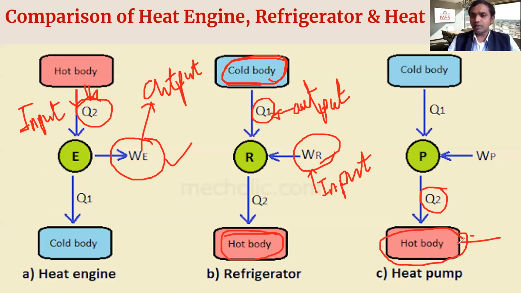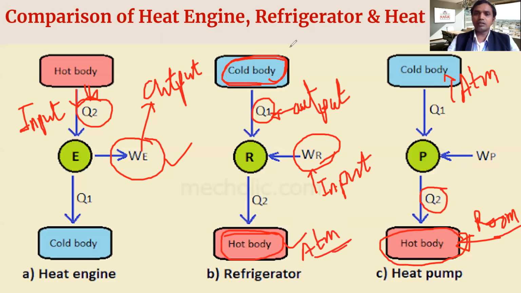In case of heat pump, the hot body we have taken as our room, and the cold body we have taken as the atmosphere. But in case of refrigerator, the hot body is the atmosphere, and the cold body is a particular space.